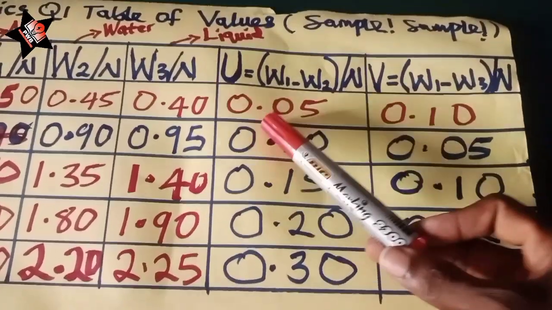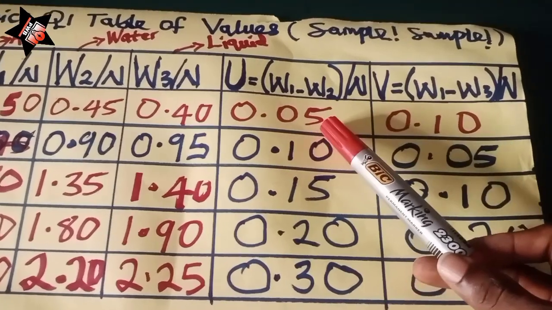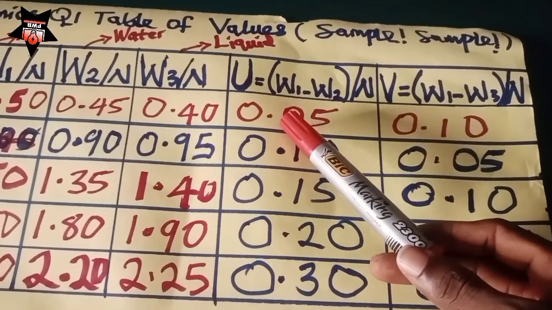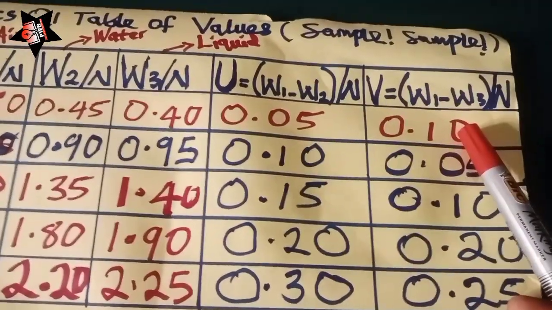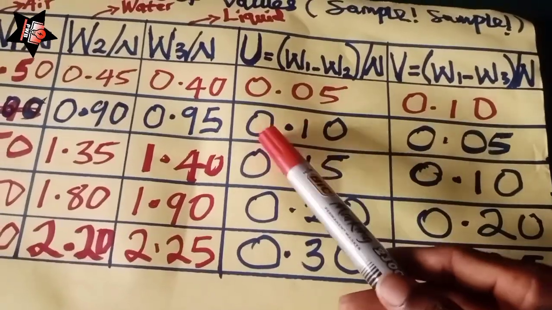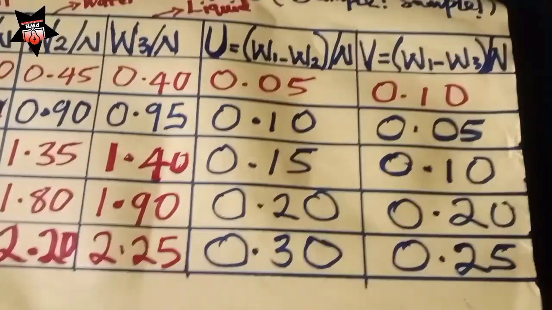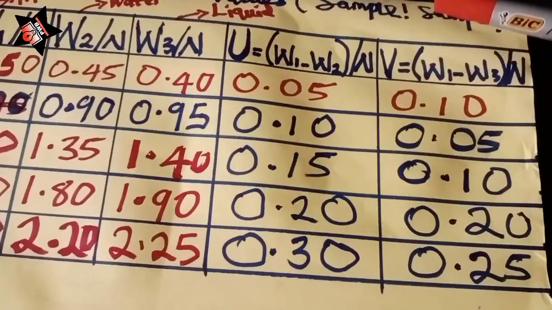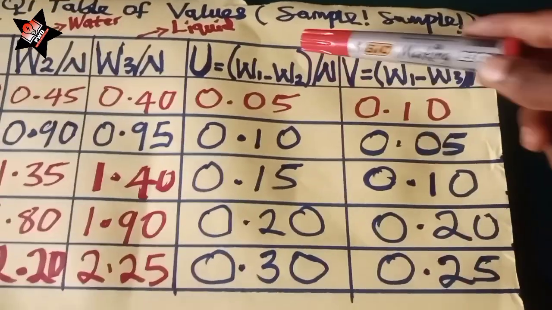We have 0.05, approximately 0.1 to 1 decimal place. We have 0.1, and we also have 0.1 here. So in summary, U is increasing down and V is increasing down. So the trend for this experiment is increase.